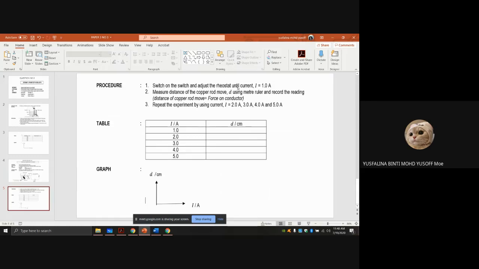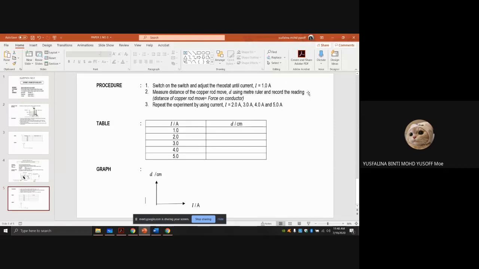Then you adjust the rheostat until the current is 1.0. After the current is 1.0, you can see the copper rod move. You use the meter ruler to measure the distance that the copper rod moves.